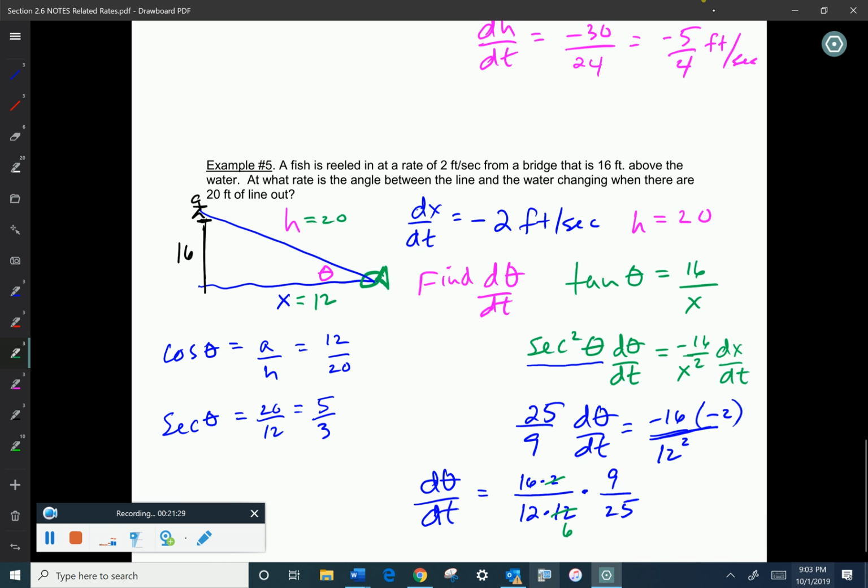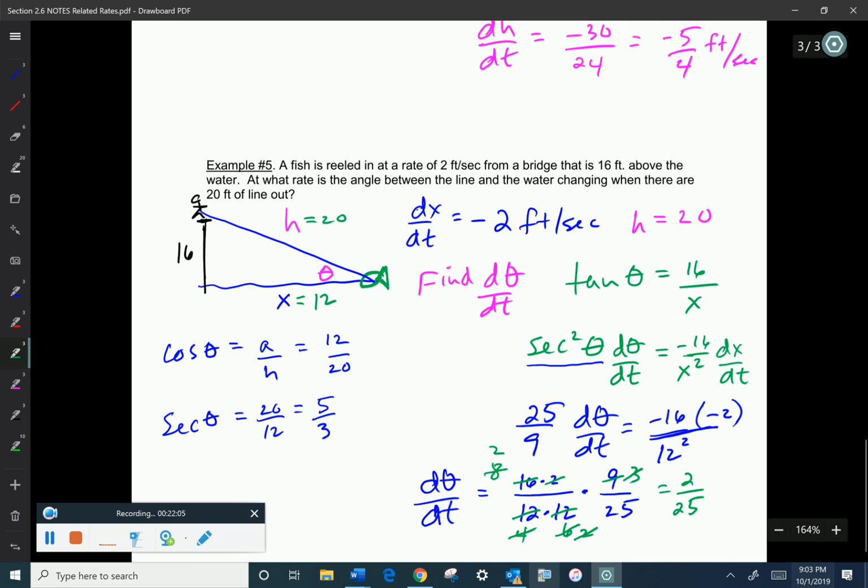I could say 3 goes into 6 2 times, and 3 into 9 3 times. And actually, this 3 is going to go into this 12 4 times. And then this 2 goes into this 16 8 times. Oh, wow, I found more. 4 goes into 8 2 times. So what do I have left? On top, all I have left is 2. And on the bottom, all I have left is 25.